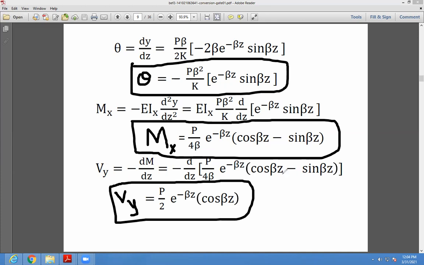Slope, moment, and shear. Please write down these three equations.